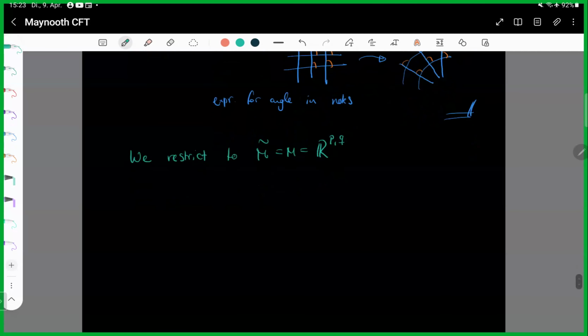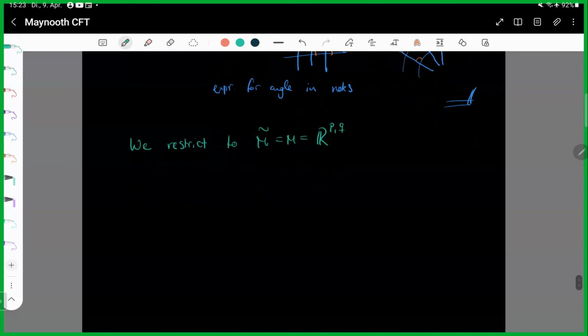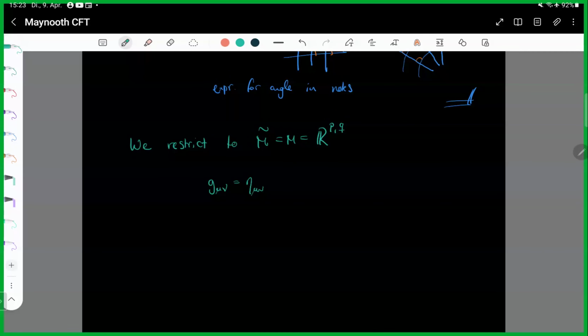That means that just like Minkowski space has one temporal coordinate, say 3+1 dimensional Minkowski space has 3 spatial coordinates and 1 temporal coordinate, we are going to allow for p temporal coordinates.